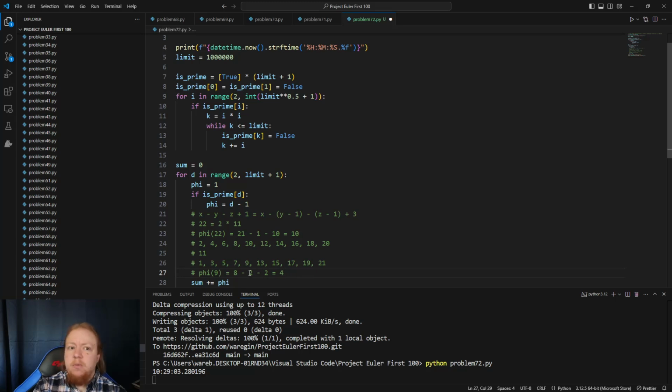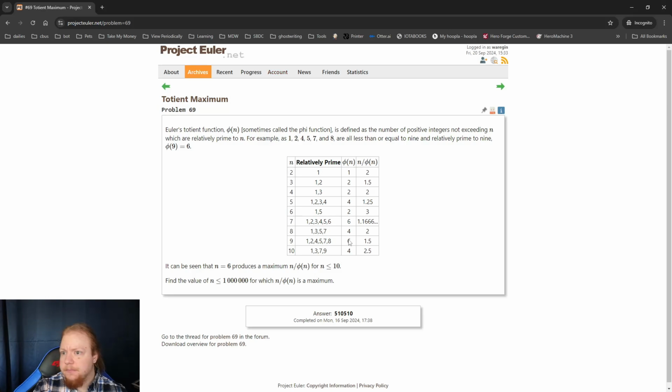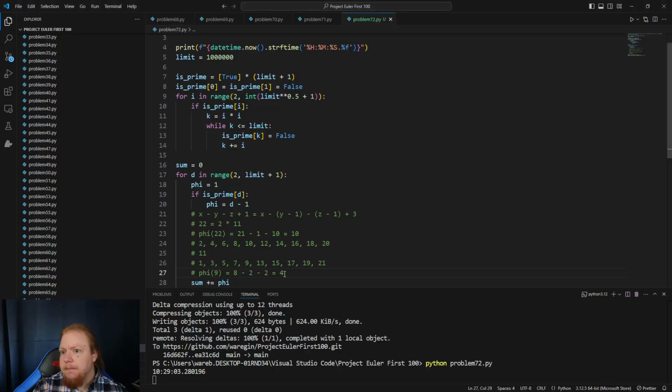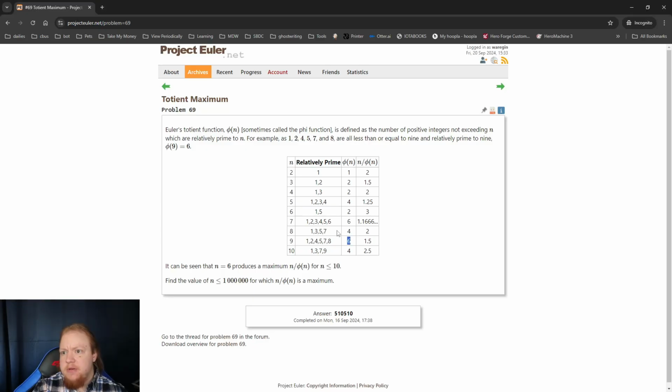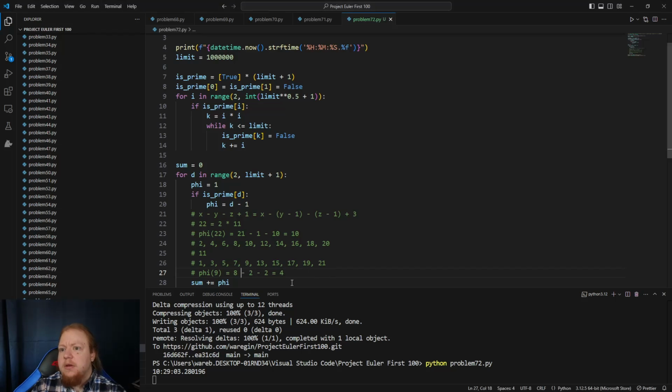But that does not work because it's 3. The actual phi of 9 is 6.